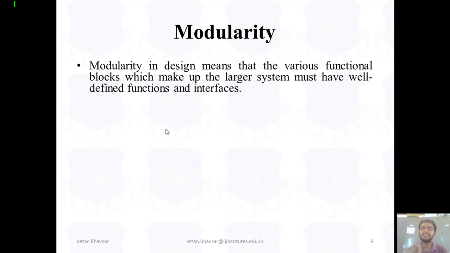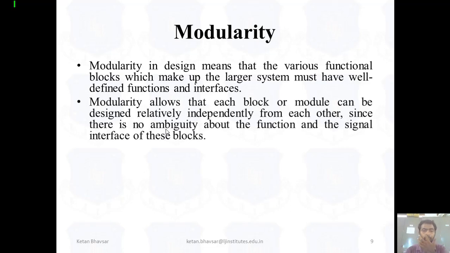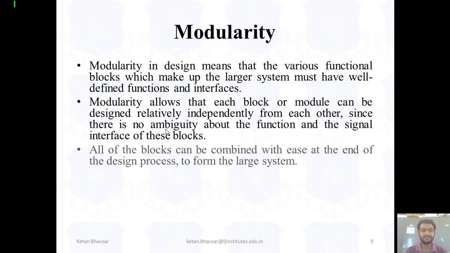If each and every 1-bit adder works perfectly, then and only then will it generate the correct 4-bit adder output. Modularity allows each block or module to be designed relatively independently from the others, since there is no ambiguity about the function and the signal interface of the block.